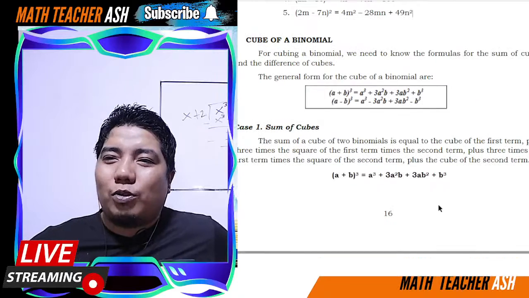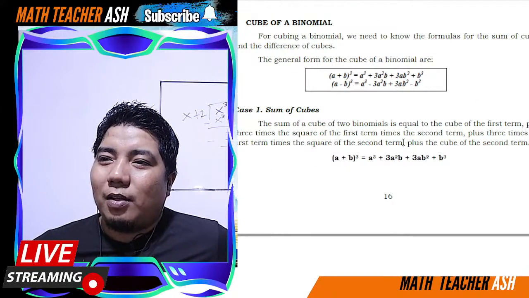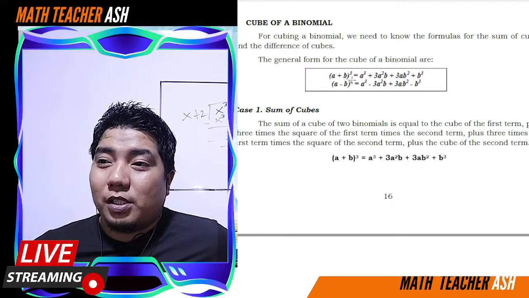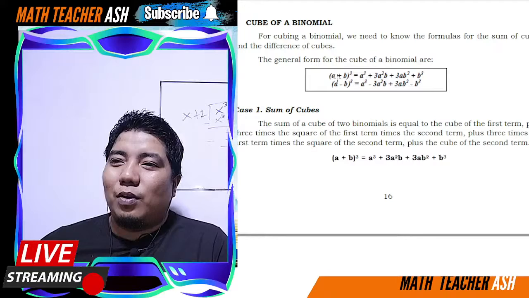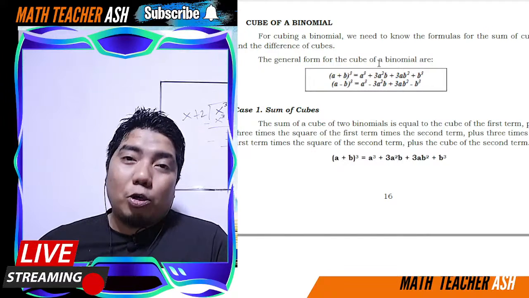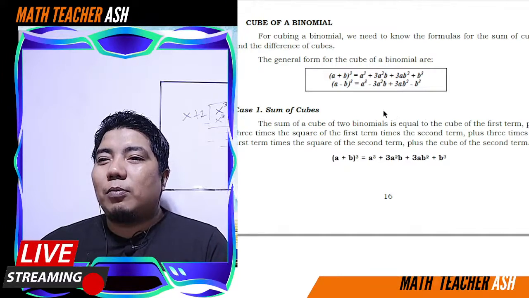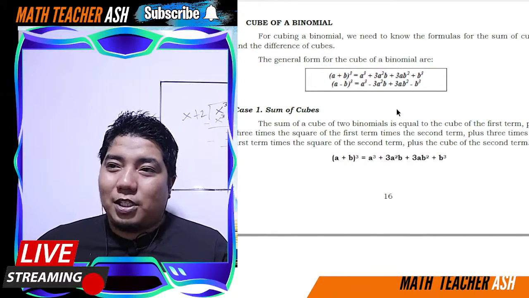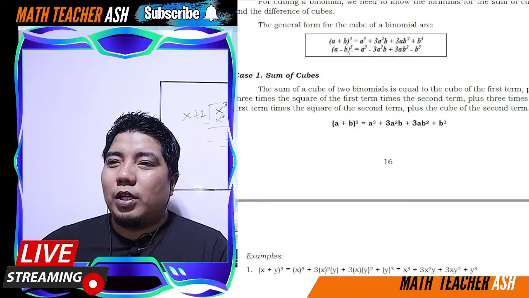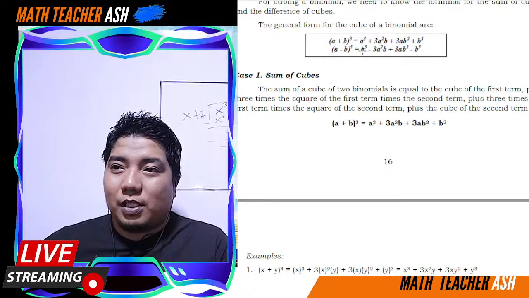Okay, now let's go to the cube of a binomial. So for the cube of a binomial, we have the sum of cubes and the difference of cubes. Okay, so a plus b cube and a minus b cube. Okay, so ang gagawin mo lang dyan is ganito. Medyo challenging lang konti, pero what you will do is you multiply a, magkakaroon ka ng 4 terms actually.